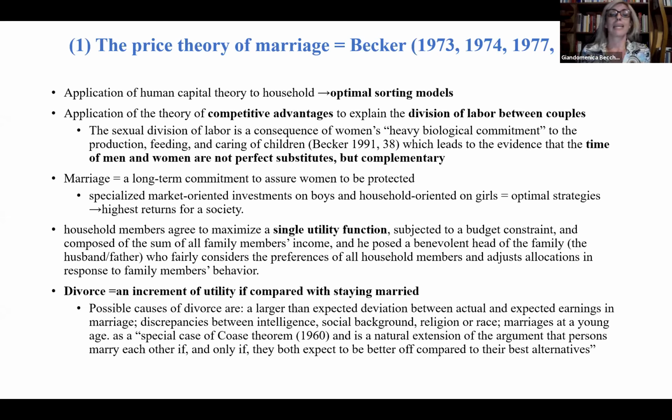And Becker went on by considering possible causes of divorce, such as larger than expected deviation between actual and expected earnings in staying married with that particular person, discrepancies between partners regarding intelligence, social background, religion, race, and so forth. Summing up, according to Becker, a good way to define marriage is to consider it a special case of the Coase theorem.